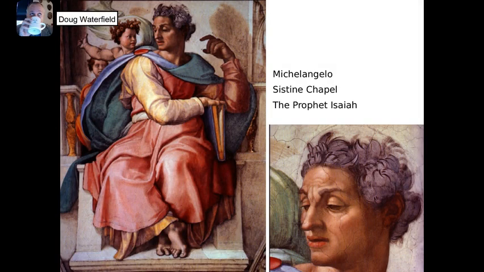This is a restored view of one of the prophets and sibyls. This is his painting of the prophet Isaiah. And you can see Michelangelo is employing a little bit of an older painting technique called cangiantismo. You can see it in some of the wrinkles here where we use the opposite color to show wrinkles and folds and drapery.